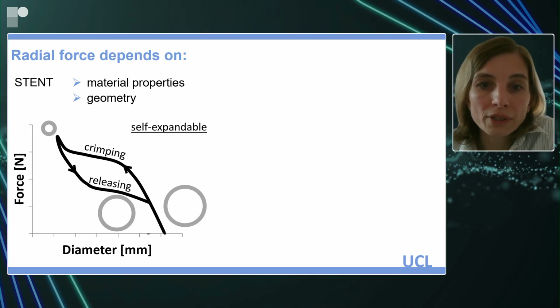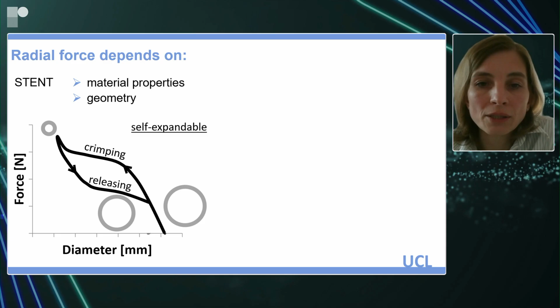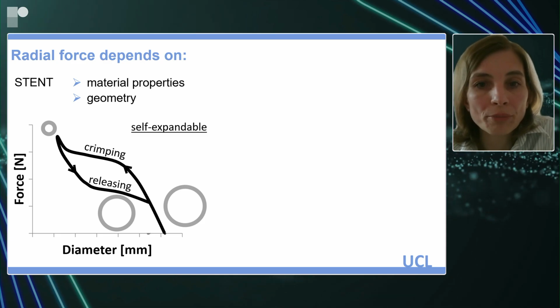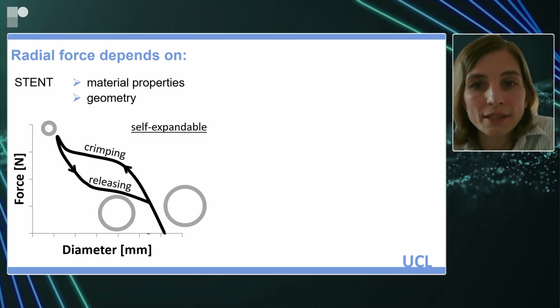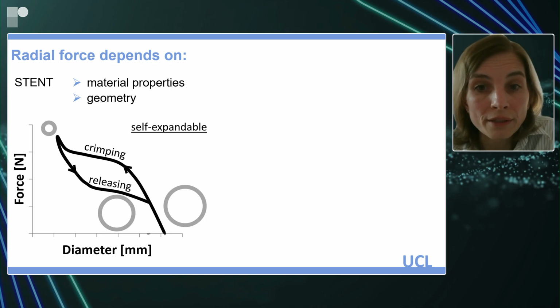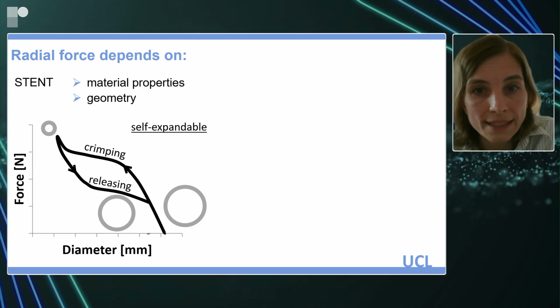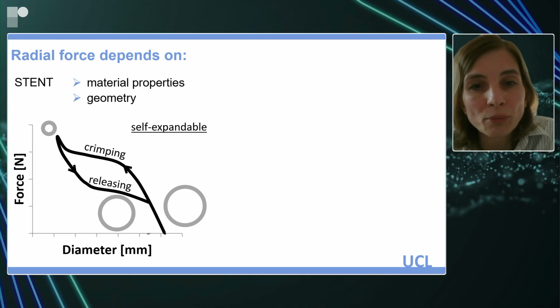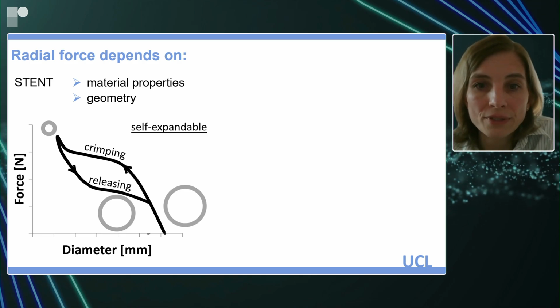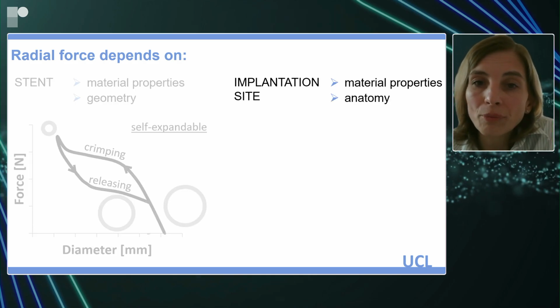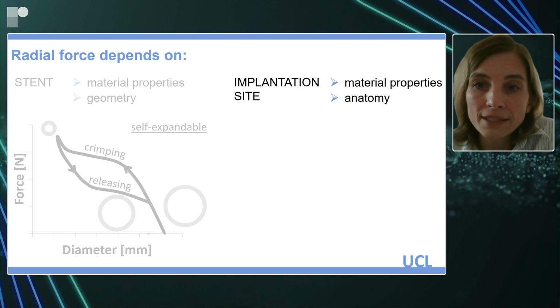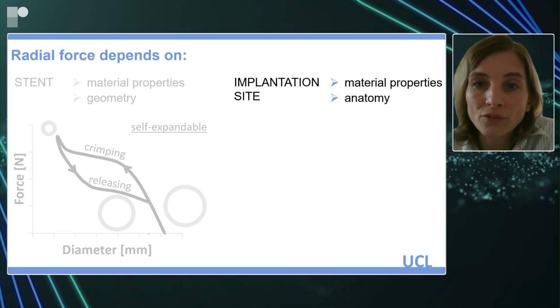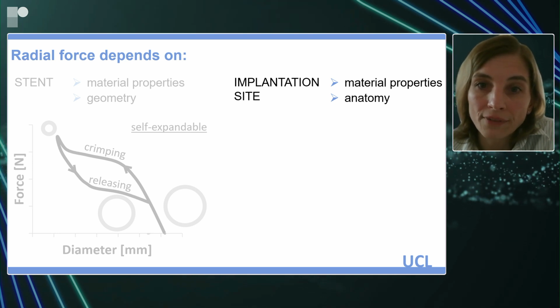For example, during the delivery, if we follow this curve between the force and the diameter, we can really play with the material properties in the case of self-expandable stent with nitinol, or with the geometry of the stent cells or the thickness of the structure, to make sure that we have a suitable force that is applied to the implantation site. And indeed, we need to keep in mind the implantation site, because this is really what drives the radial force that you want to achieve with the device.